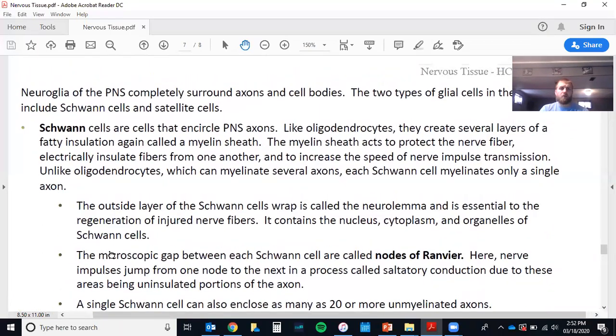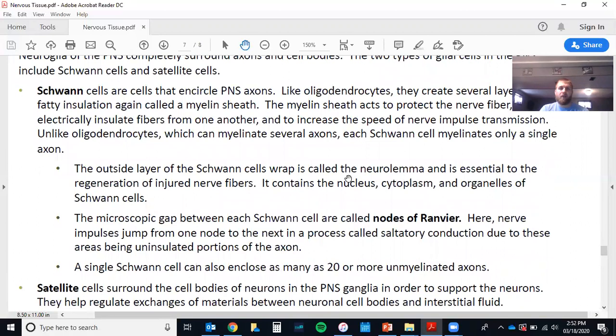What's cool about Schwann cells is they have a special name for their outer wrap. We call it the neurolemma. A very important feature of the neurolemma is to allow for the regeneration of injured nerve fibers. And that's something unique to peripheral nervous system neurons that central nervous system neurons don't have. If you think about it, things like brain and spinal cord damage are typically permanent, which means if someone's paralyzed, they're not typically going to get that ability to walk again.